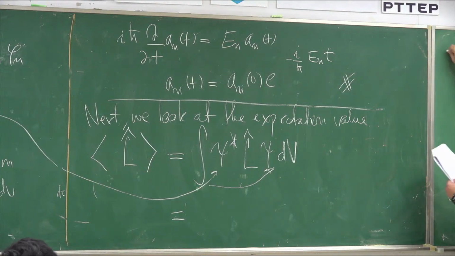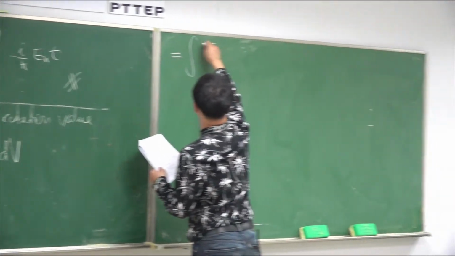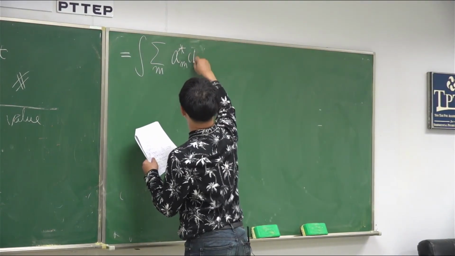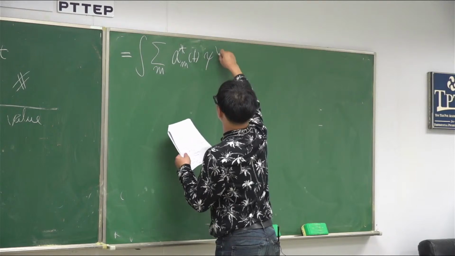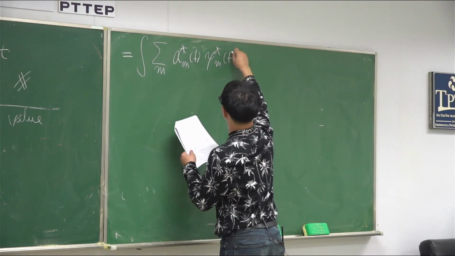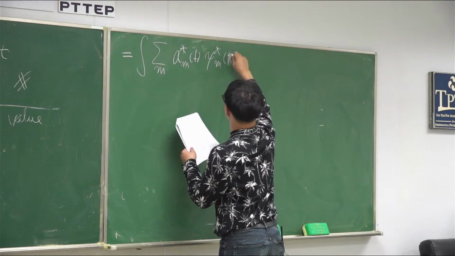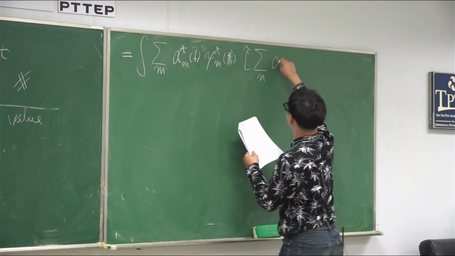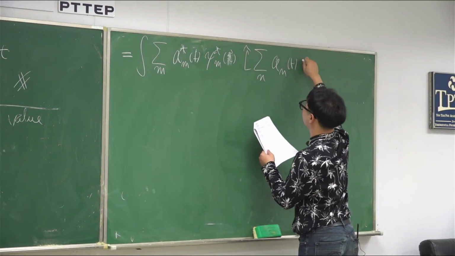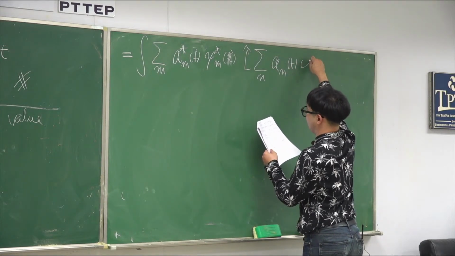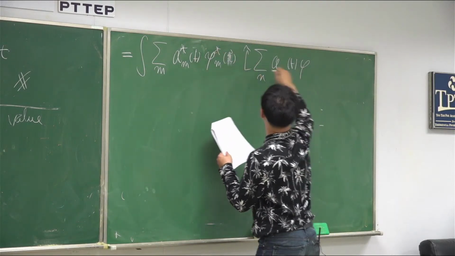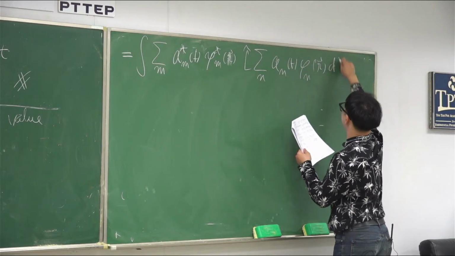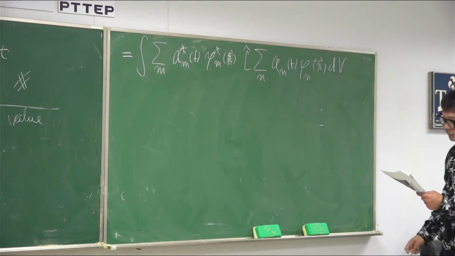So what we have here is m star n L n, I should be here. Right. And then dV here.